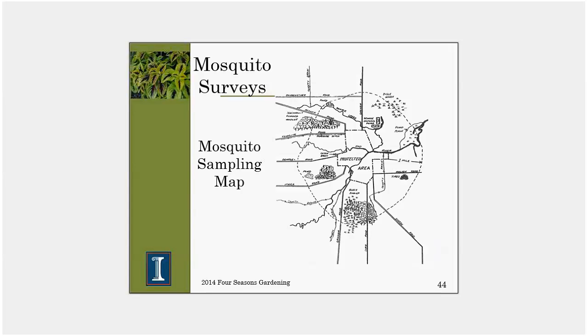These sorts of things are mapped, and when you have situations where mosquitoes are likely to be produced, they will go out and at least sample for mosquito larvae in these areas to see what's going on, and typically use larvicide, which is using insecticides of various types to control the mosquito larvae, so you don't have to do fogging to control the adult mosquitoes.